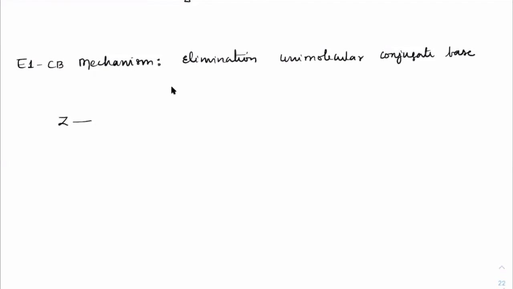Suppose there is any Z group that is connected to CH2, and X. And when you treat it with EtO minus and K plus, and heat, then the product will be Z-CH=CH2.